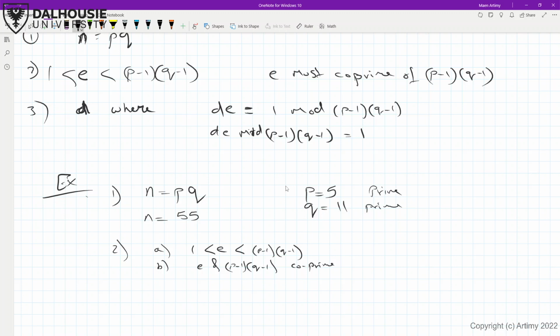Okay, so what is (P minus 1)(Q minus 1)? So P minus 1 is 4 and Q minus 1 is 10. So E must be somewhere between 1 and 40.